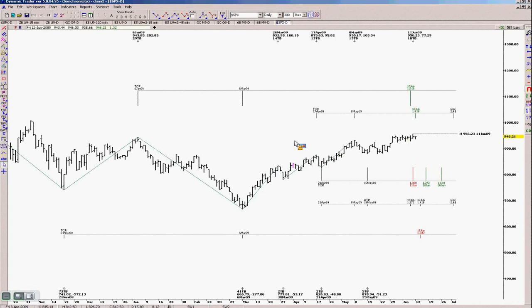So let's see. Are there any intervening cycles that we want to look at? Let's try the April 21st low to May 15th low, projected from the intervening high.